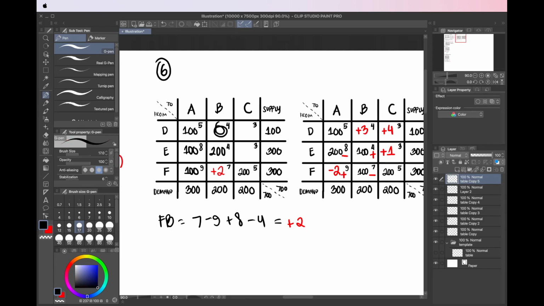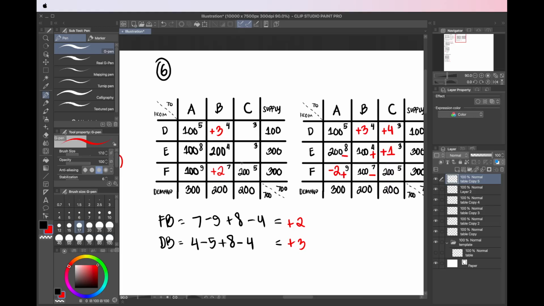Then I want to calculate this one first. Let's say DB equal to 4 minus 5 plus 8 minus 4. That would be 3. So positive 3.